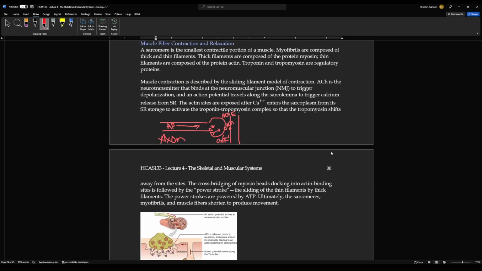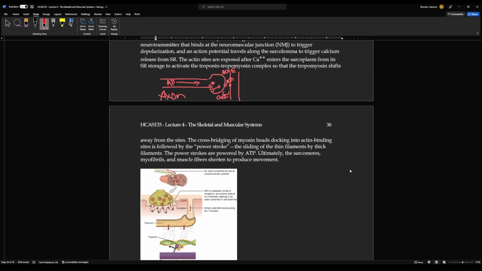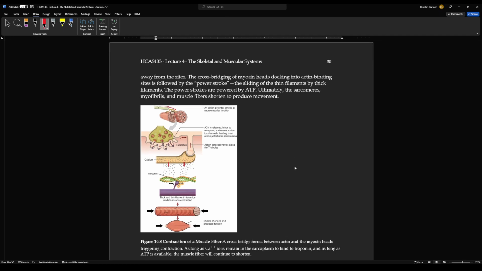Okay, this allows it to bind to troponin so that it can move tropomyosin. The myosin head, remember now, the primary sliding protein, is now able to bind to actin.